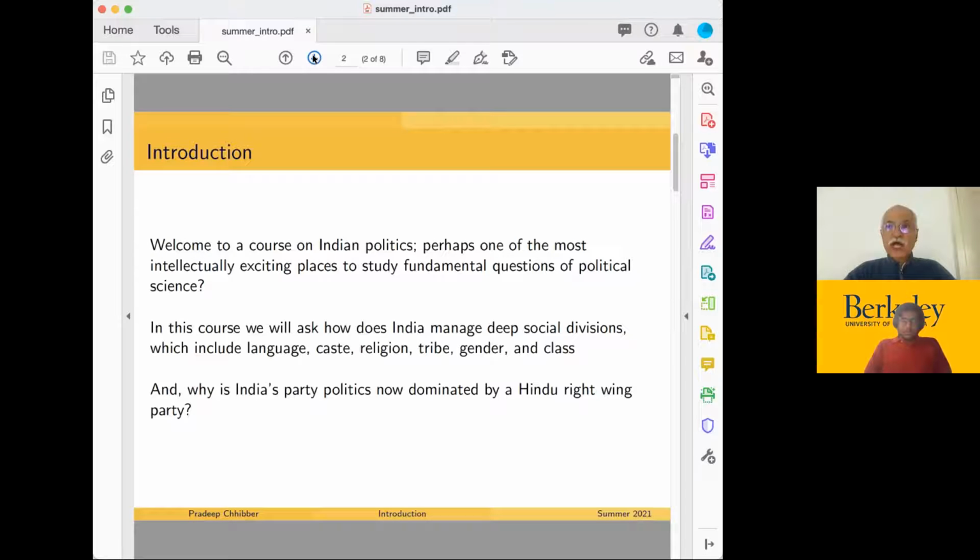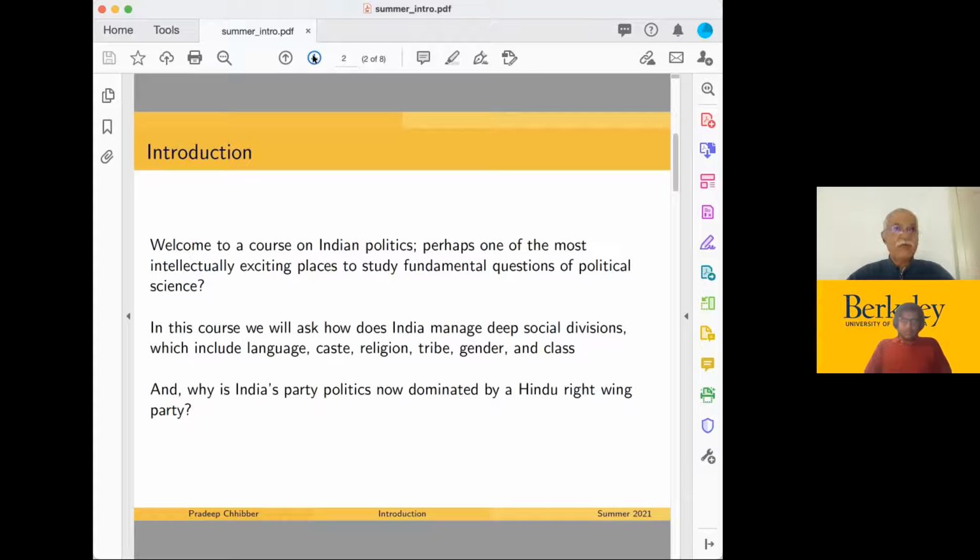And so the question is, how is it that a country in which a centrist party, which brought together multiple divisions, governed successfully almost uninterruptedly from 1952 after the first elections to 2014, has now been cast aside and has been replaced by the electoral dominance and, in fact, the political dominance of a Hindu right wing party?